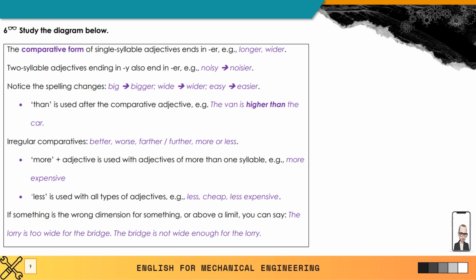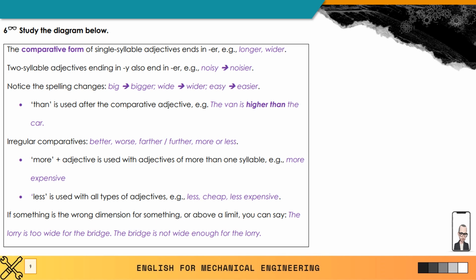If you look at the examples in blue, you will see longer, wider, noisier, bigger, wider again, and easier. The important thing is when you compare two things, you will always have to use than. So higher than, longer than, bigger than.